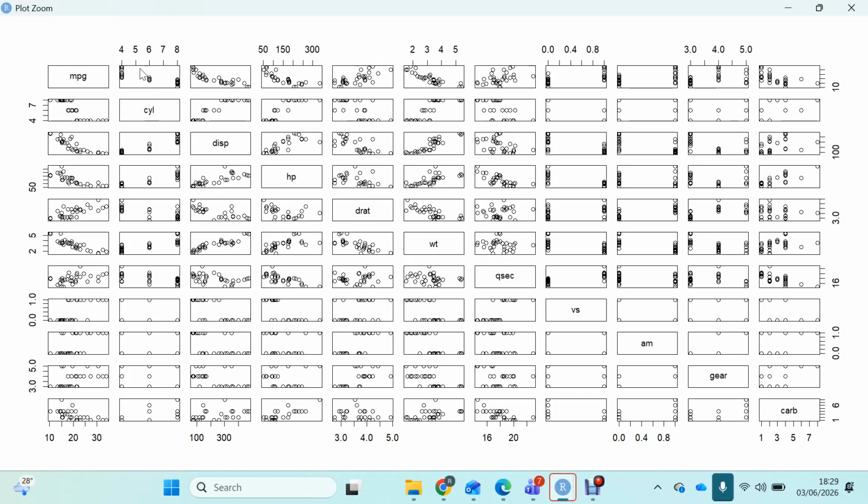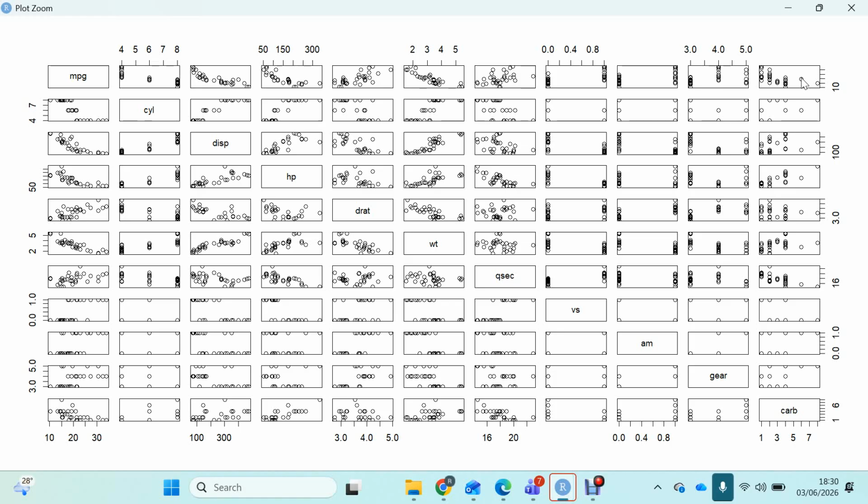Yes, sir. Good. And what is above the diagonal is like a mirror image of what is below. So for example, the one at the bottom left is the same as the one at the topmost right.